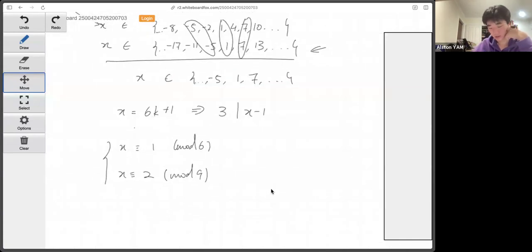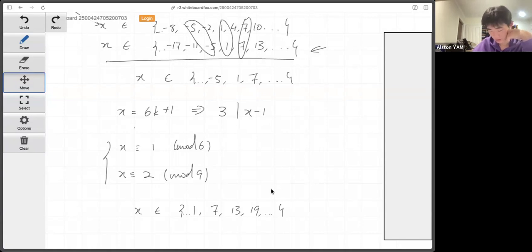What I mean by that is if we look at what numbers work, x is in this set of, I'll ignore the negative numbers and start from 1 because it's easier, 1, 7, 13, 19, dot dot dot. So you're adding 6 each time.